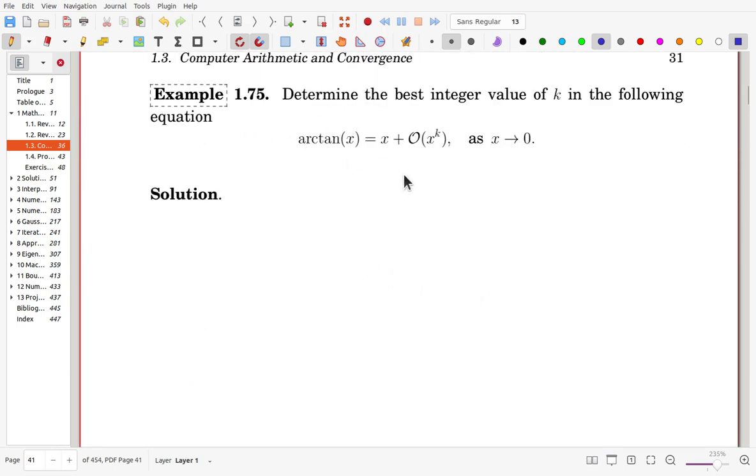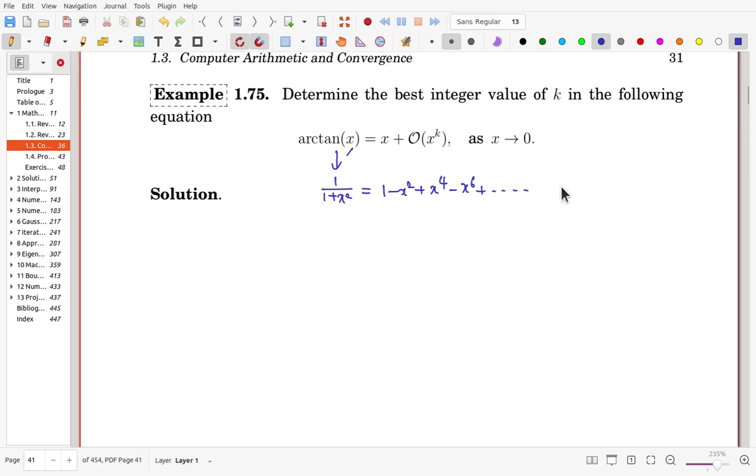Now we have to determine the best integer k in the following equation. Once you take the derivative, the derivative of arctangent is 1 over 1 plus x squared. Now x is approaching 0, so we can write this as the infinite series 1 minus x squared plus x to the 4 minus x to the 6 plus so on.